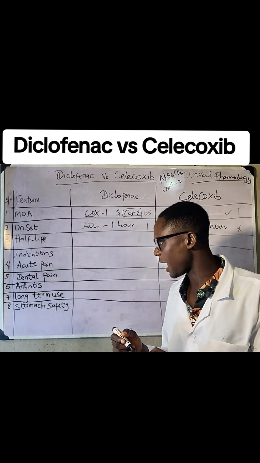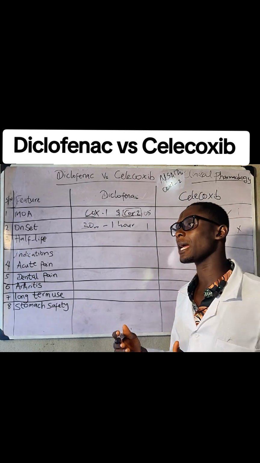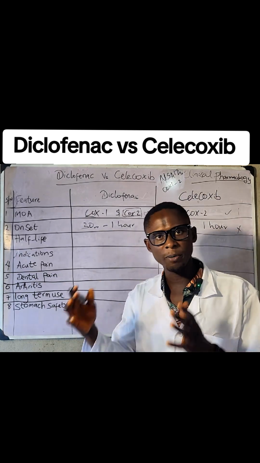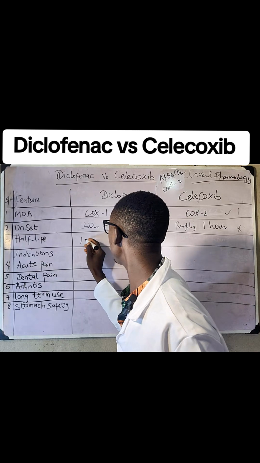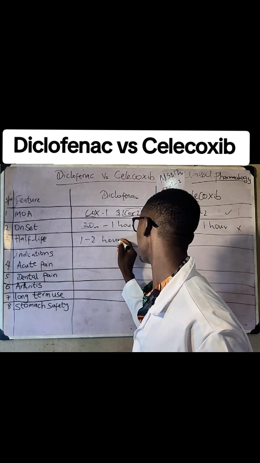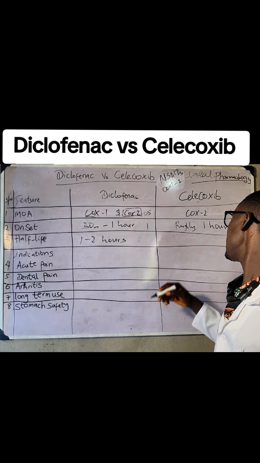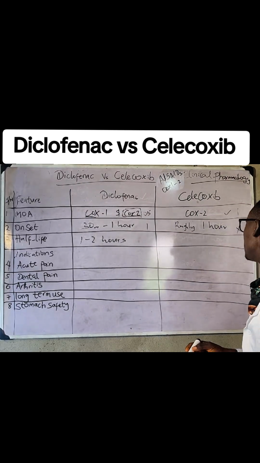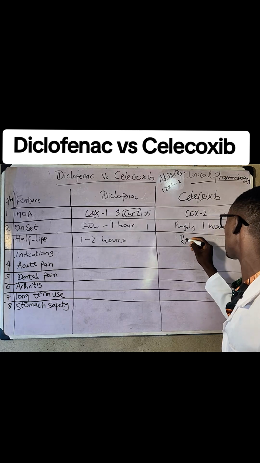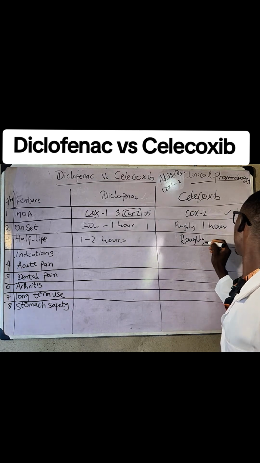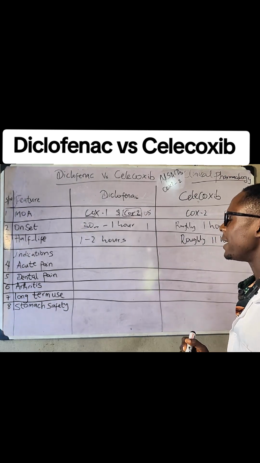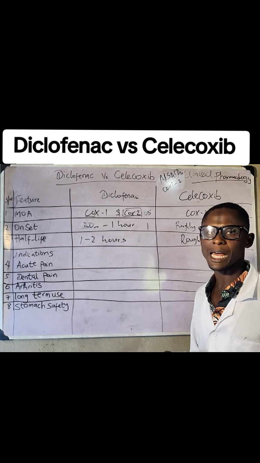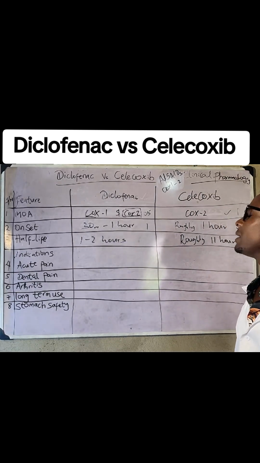Then we'll talk about half-life. Half-life is just how long it stays in the body. So for diclofenac, it's around 1 to 2 hours. Celecoxib is roughly 11 hours. So in this area now, diclofenac has failed, while Celecoxib has won.